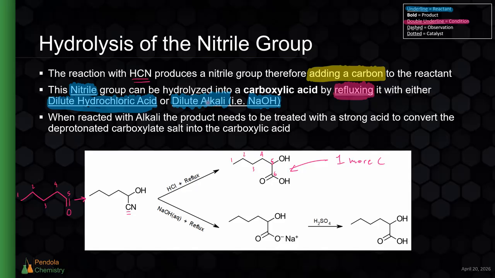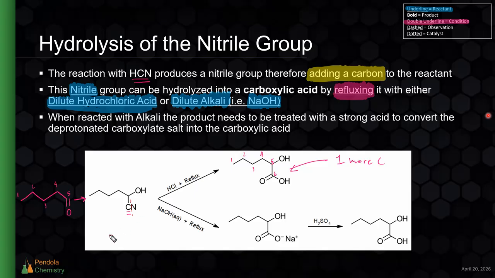Why is it being broken apart? It's being broken apart because the carbon-nitrogen bond in our nitrile group is being broken. The carbon-nitrogen bond, the triple bond that we talked about, gets broken apart.